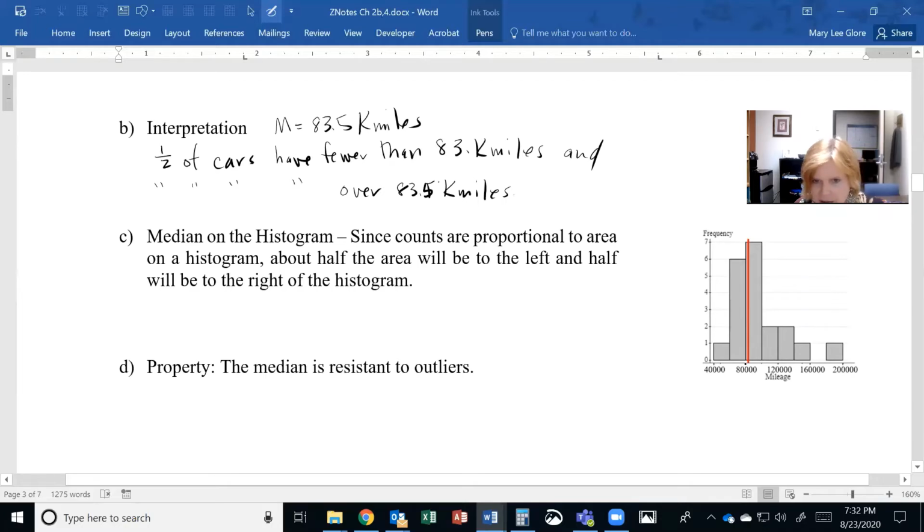That's the 83.5 marked on there. Now recall the area principle, that the counts are proportional to the area in the graph. Since half of the count is less than the median and half the count is bigger than the median, approximately half of the area of the graph will be on the left side. So we're going to have about half of the area over here and half of the area over here on the right.